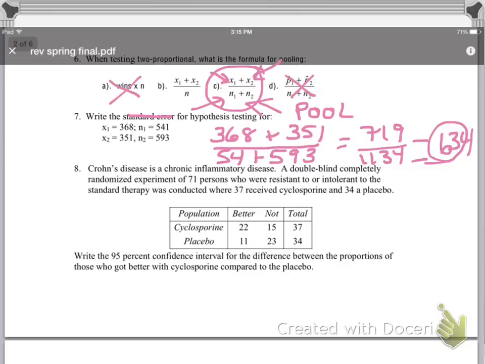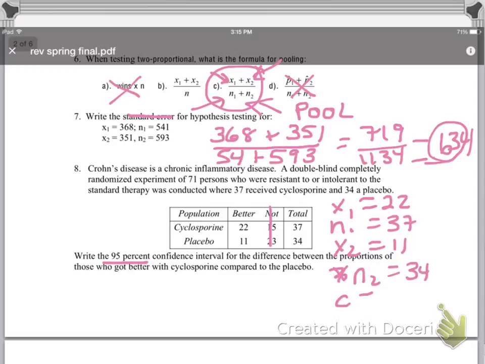All right, now here what they want us to do in number 6, again, we're talking about two props, and they want a 95% confidence interval. And so, all right, so we need to know that x1 is 22, n1 is 37, x2 is 11, n2 is 34, and my confidence interval is 0.95.